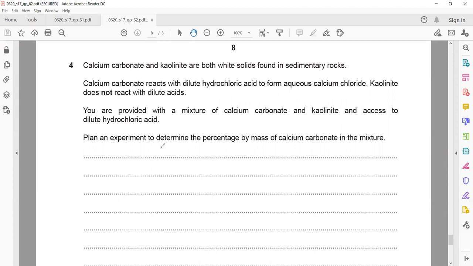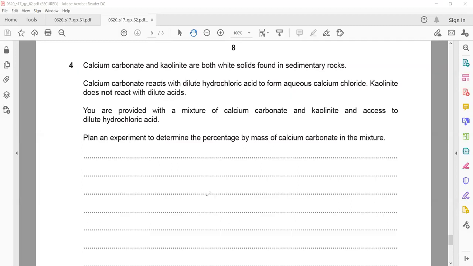Plan an experiment to determine the percentage by mass of calcium carbonate in the mixture. So you want to find how much calcium carbonate is there in the mixture. To calculate the percentage, we should know the starting mass, the initial mass.